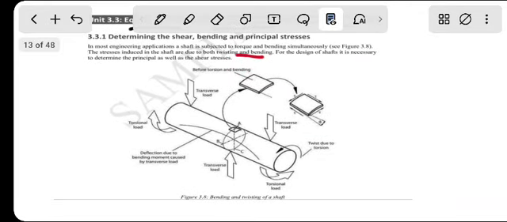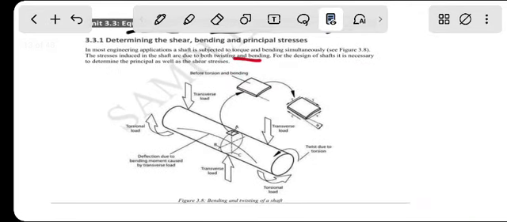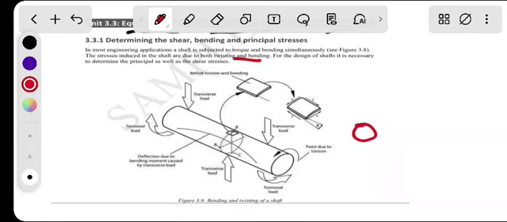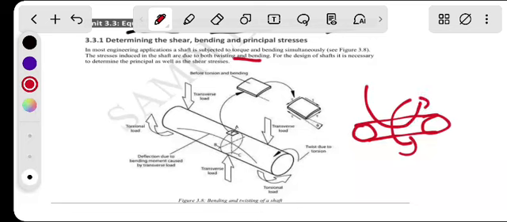All right, as you have seen, a shaft can be subjected to bending, or to twisting, and also can be subjected to bending and twisting simultaneously, as you have read.